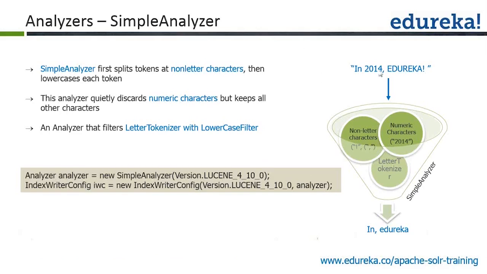So even if you have any year or any numeric text, all of it will be ignored. If you have any use case where you only have to retain the character stream and ignore all the numeric data in your index or documents, the simple analyzer is the best choice to use in those use cases.